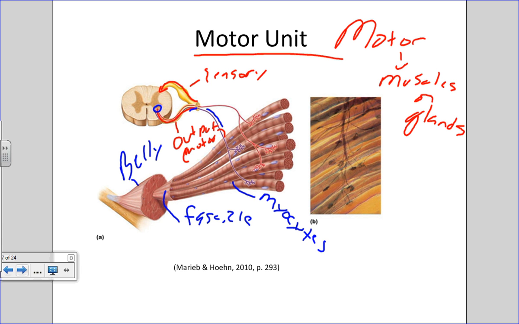You can see the axon of this neuron is embedded within the connective tissue spaces of the muscle, and then it starts to branch out to different muscle fibers, or muscle cells. So a motor unit is basically one axon, or one nerve, and all of the individual muscle cells that one nerve innervates. That's what a motor unit is.